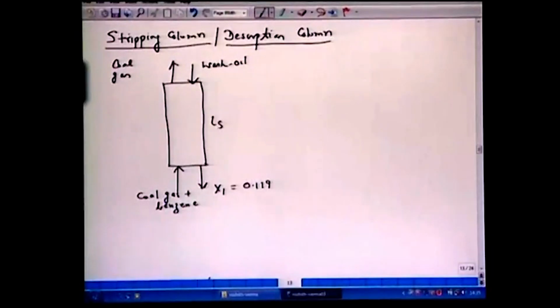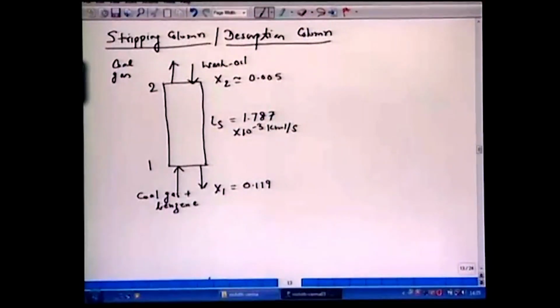The flow rate of this wash oil was calculated at 1.787 times 10 to the power minus 3 kilomole per second, and we had this x2 given as 0.005. All right, so this was 2, this was 1. So we addressed this absorption column in the previous example.